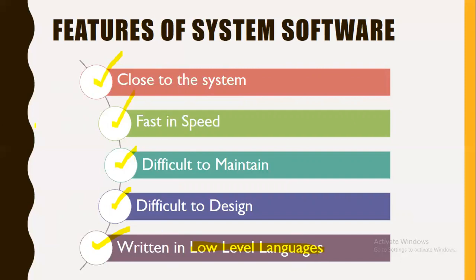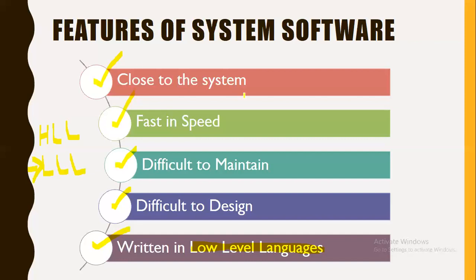So it means there are two types of computer languages. One is high level, HLL means high level languages, and the other is low level languages. So the system software are the software which are written by using the low level languages.